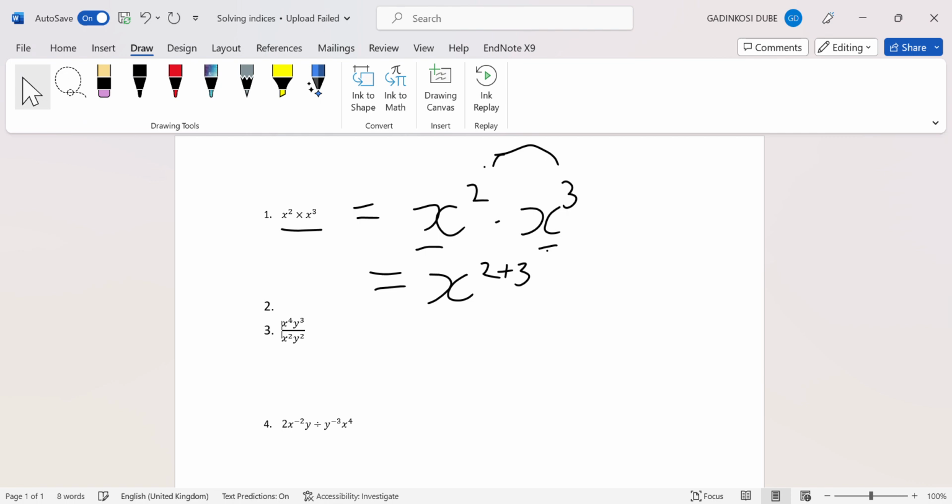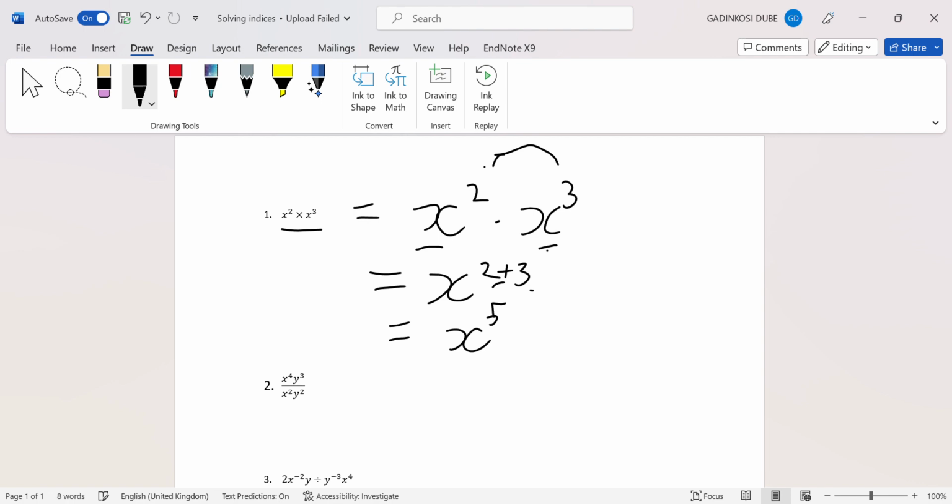Let me just create a bit of space here so that we can see what we're talking about. So here you've got 2 plus 3, and eventually your answer is going to be x to the power 5.